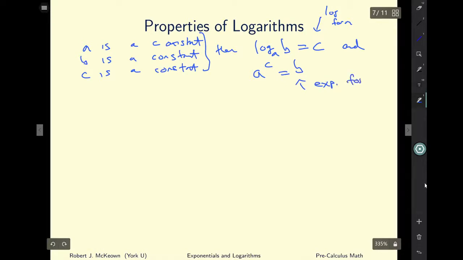Exponential form. So that's a formal way of writing some of the very first thing that we learned.